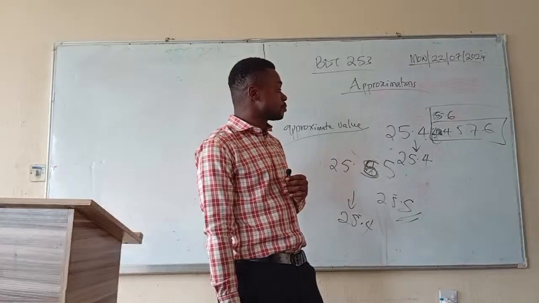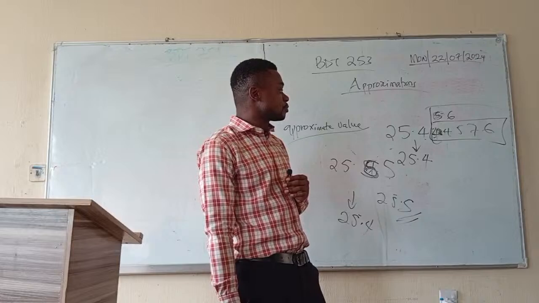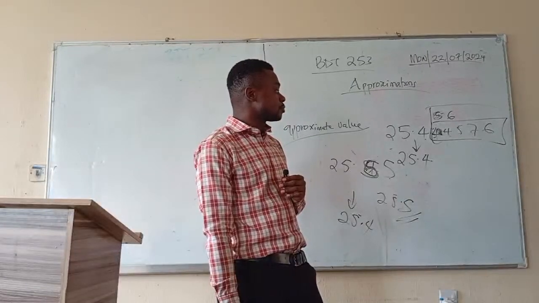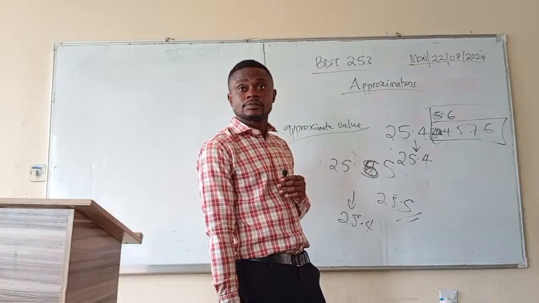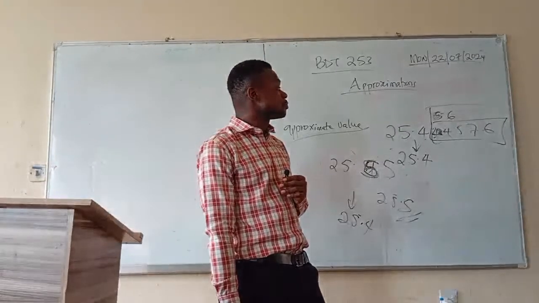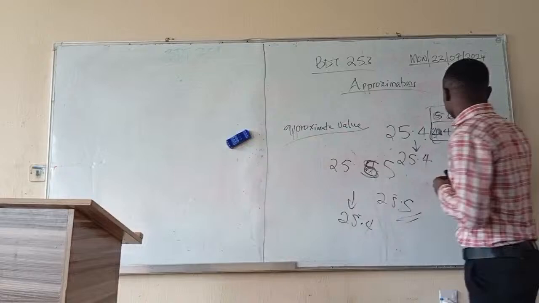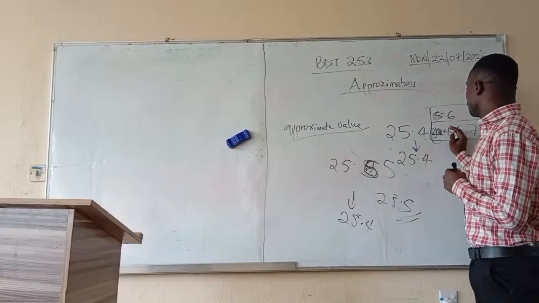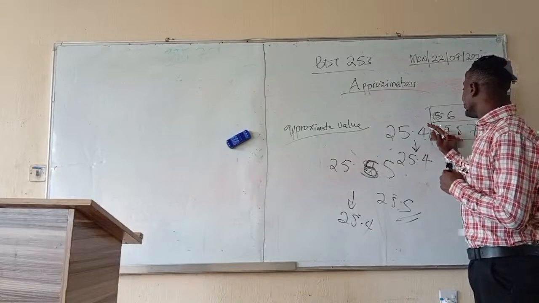That 4, the second 4 is not up to 5, and the third 4 is not up to 5. The fifth digit is 5 and it's up to 5. Now, is it possible that you run that to get to your answer? Understand? Here now 5, and this one again 5.